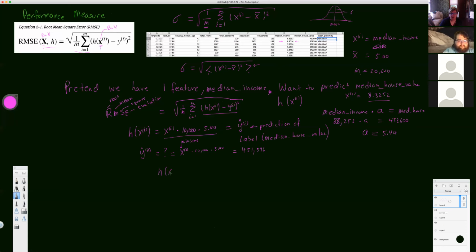So H of X2, which we just calculated, is 451,596. And Y2, the actual real value, called the label, is 358,500. So we have to take the difference between these two and square it.